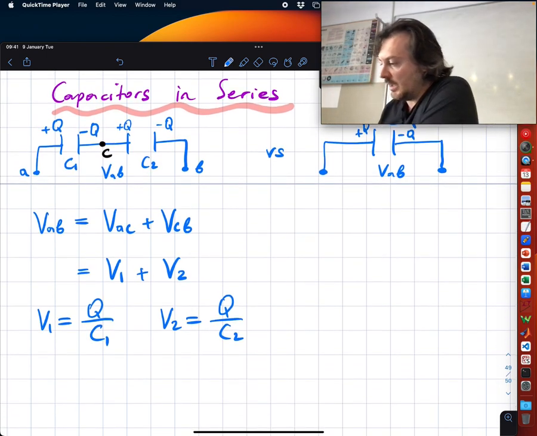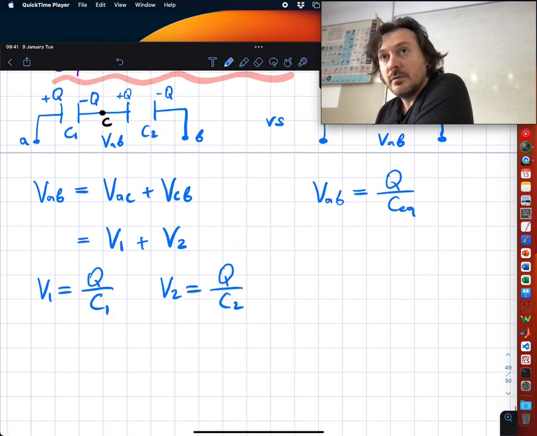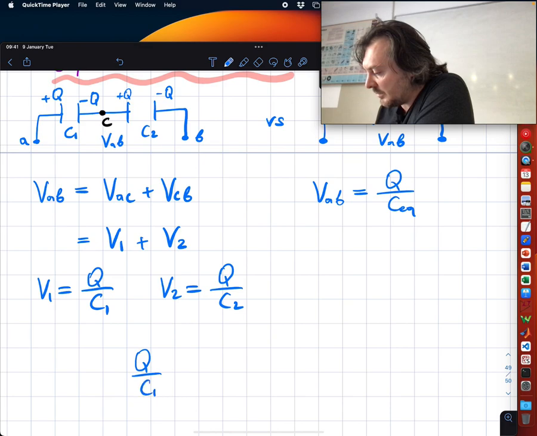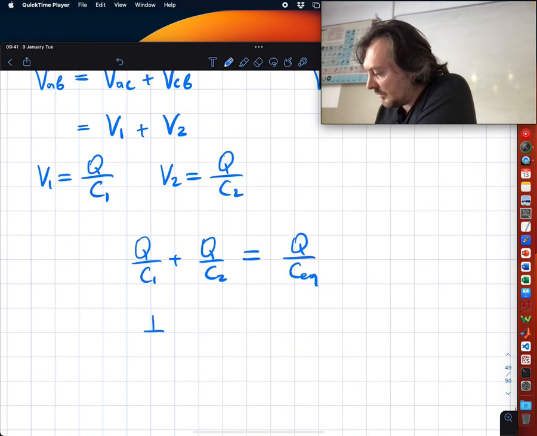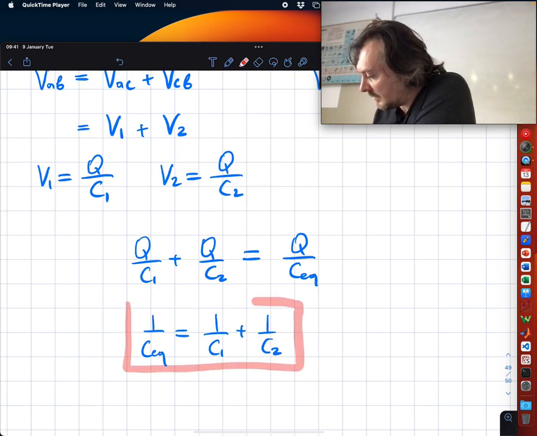And in the equivalent capacitance, VAB is equal to Q over C equivalent, right? So from this summation, we have Q over C1 plus Q over C2 equals Q over C equivalent. That tells you that 1 over C equivalent is equal to 1 over C1 plus 1 over C2 when capacitors are in series.